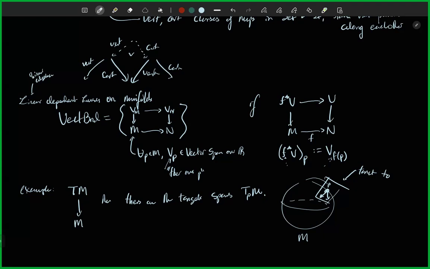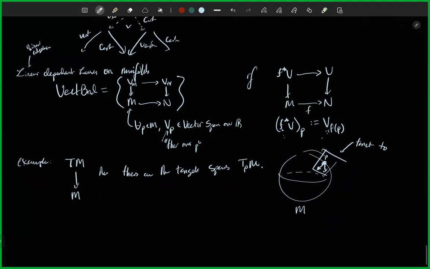There are abstract notions that are coordinate free that don't require an embedding, but in most cases of modeling practice, you often have an embedding, and you can actually use this. Okay.